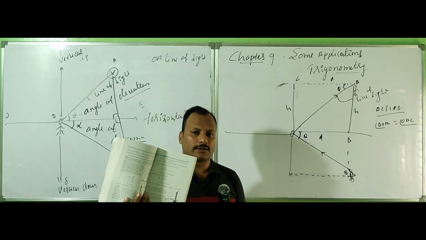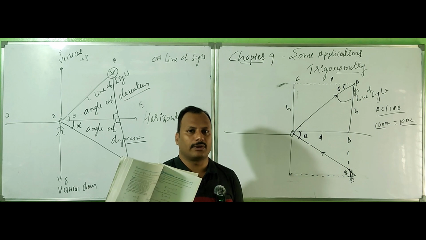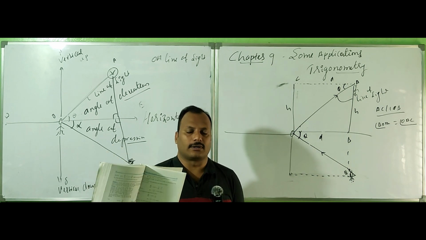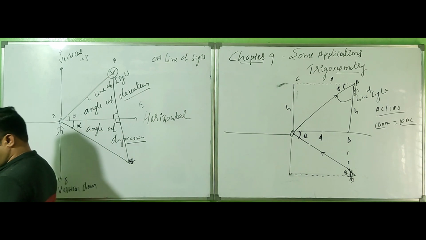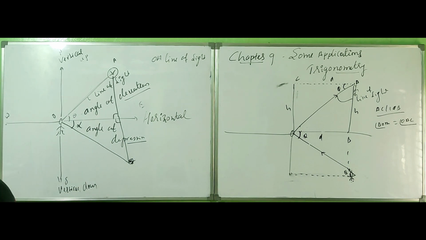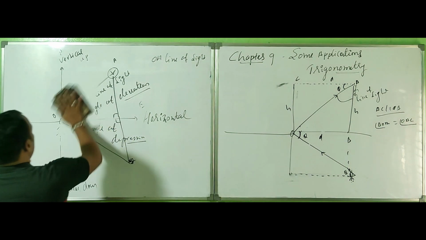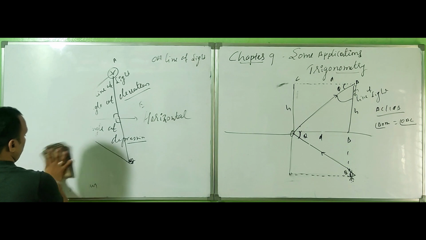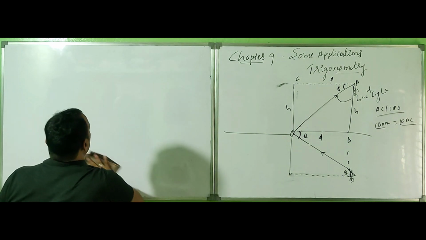For this chapter I will clearly write the example name, the number of the example and the exercise number also. First we solve a solved question, then we go to the unsolved questions.